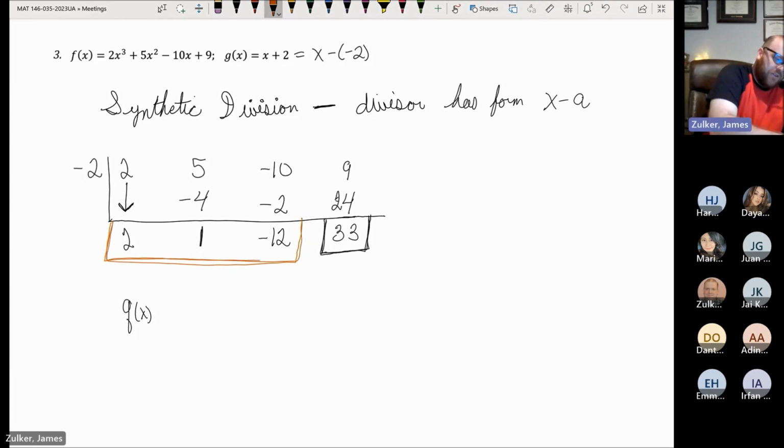These values here are the coefficients of the quotient. And the quotient has a degree 1 less than the dividend. So the dividend had degree 3. That means our quotient has degree 2, with coefficients of 2, 1, and -12.